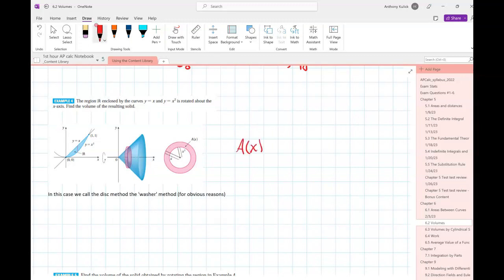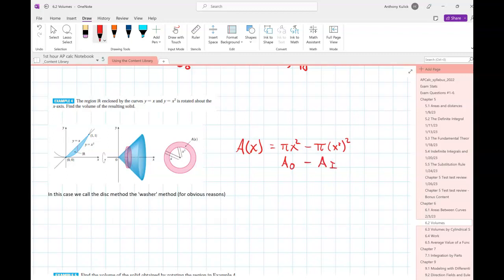So how do I write the equation for A of x for that? So the outer radius is x, right? So it's going to be pi x squared minus pi x squared squared. This is the area for the outer minus the area for the inner.